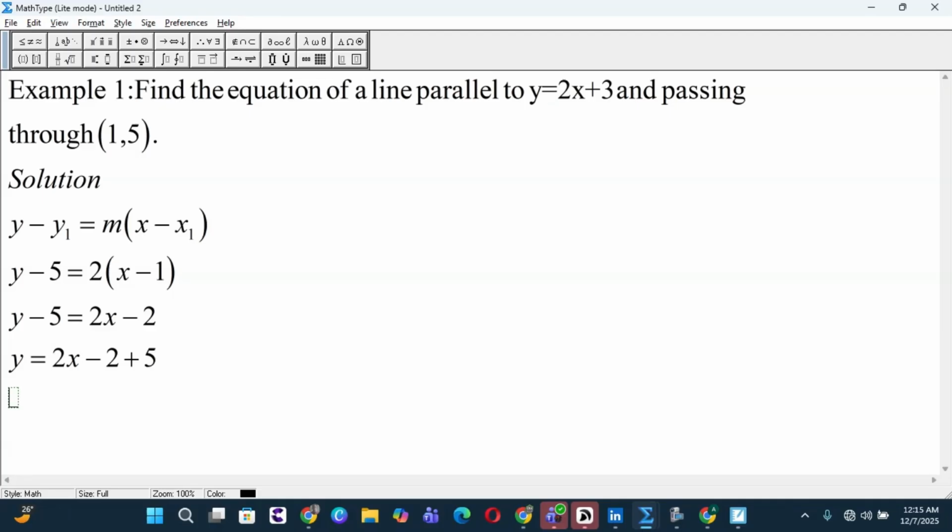So that is going to give me y equals 2x plus 3. That will be the equation of the line that we are looking for. So don't forget, if two or more straight lines are parallel to one another, their gradients will be the same.